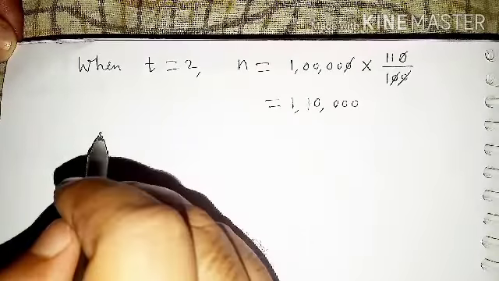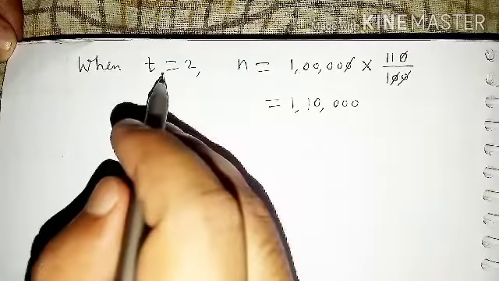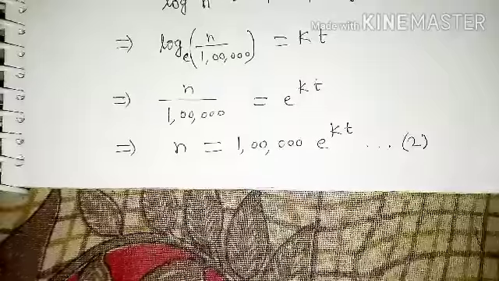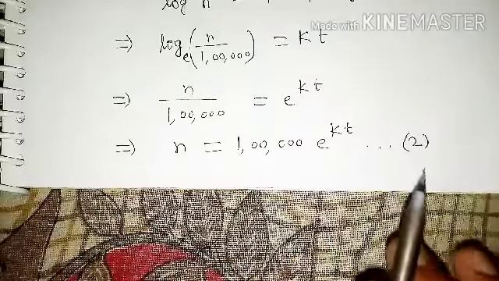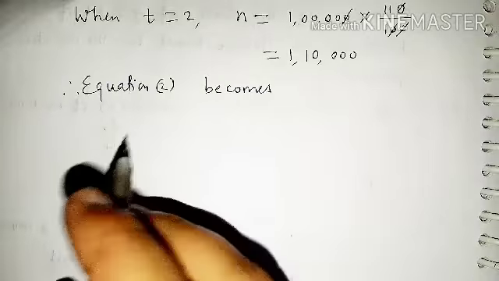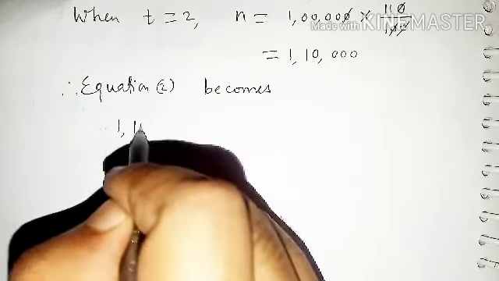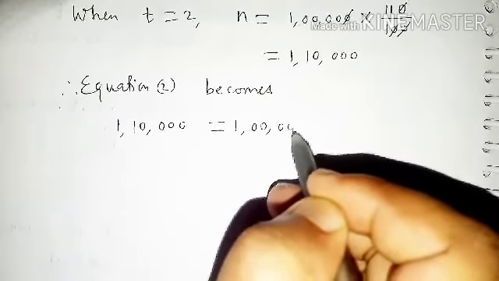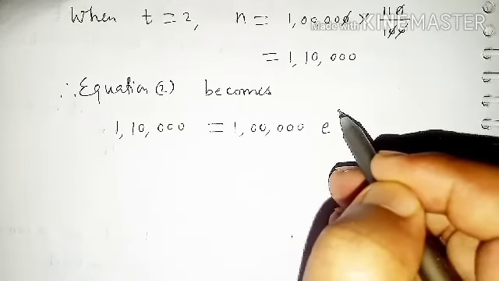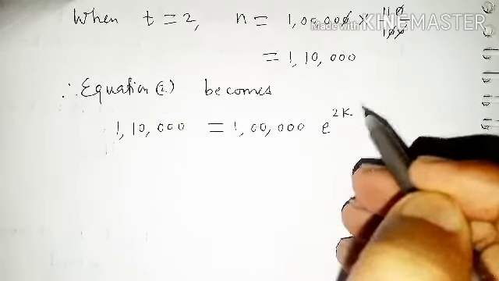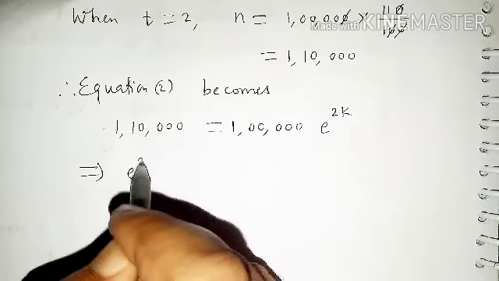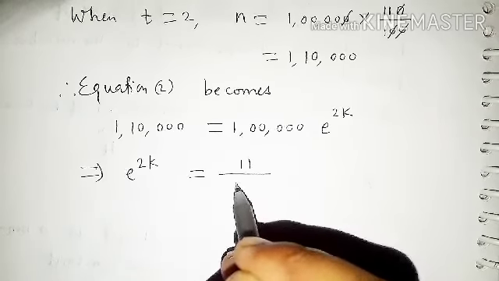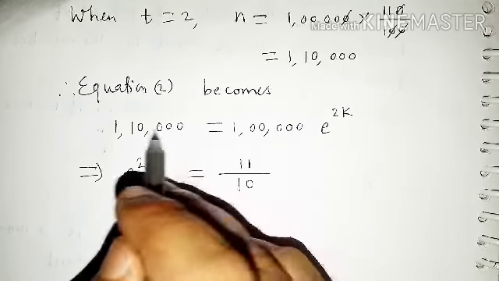Now putting t is equal to 2, n is equal to 1 lakh 10,000 in equation 2, e to the power 2k is equal to 11 by 10. 4 zeros are cancelled from both sides.